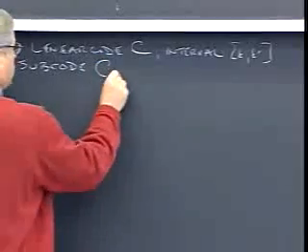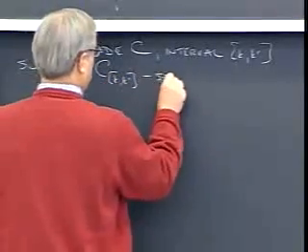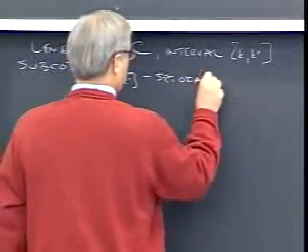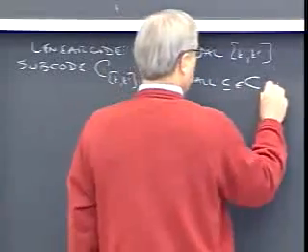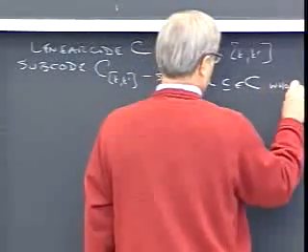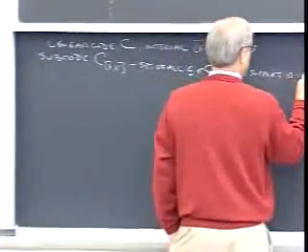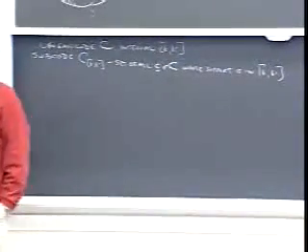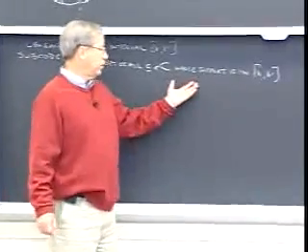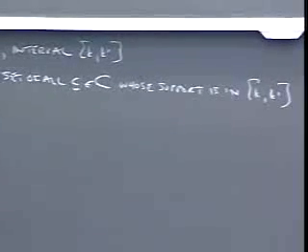The subcode of C on that interval is the set of all code words whose support is in k, k prime. In other words, which have all zero symbols outside of this interval that we've identified. All right, so that's just notation.